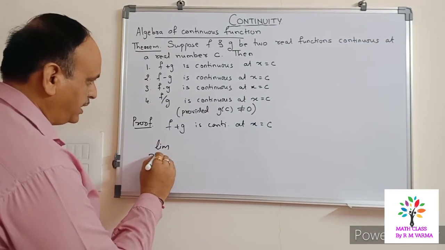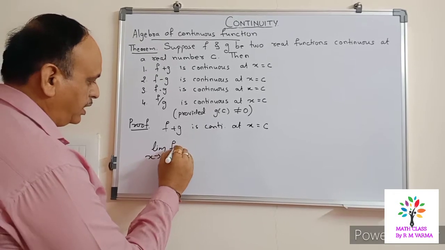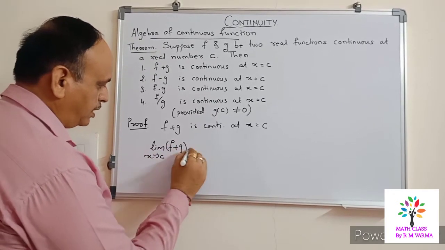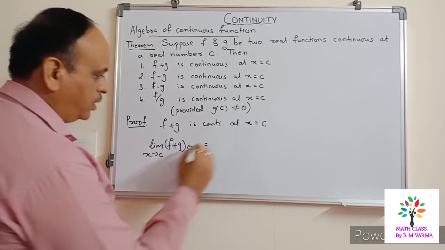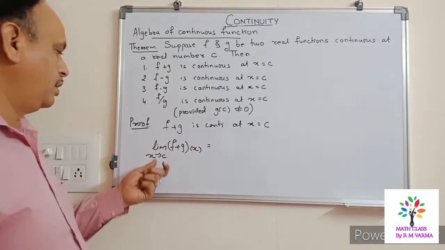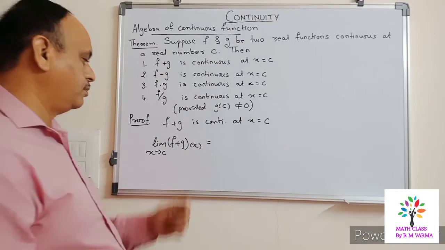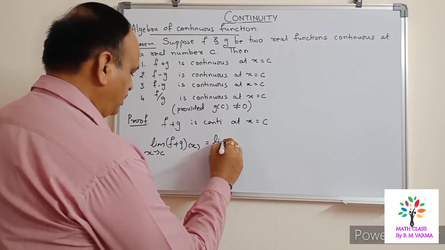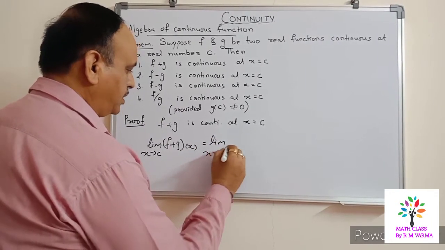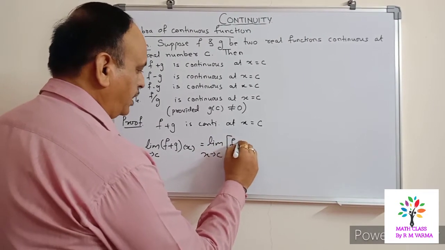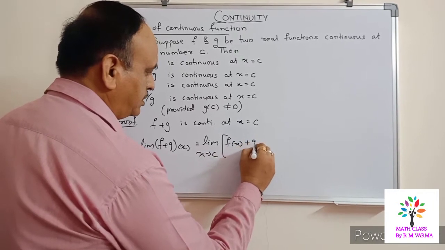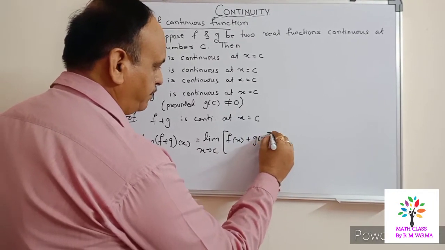Limit x tends to c, (f plus g)(x) equals limit x tends to c, f of x plus g of x.